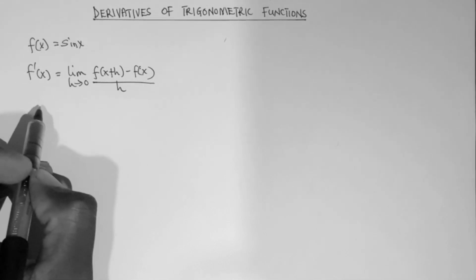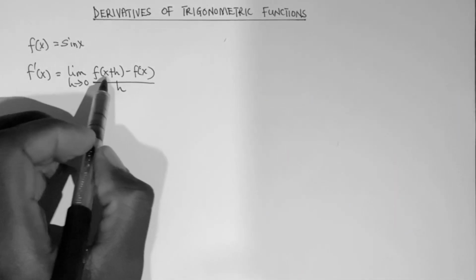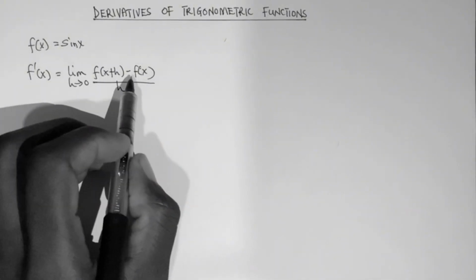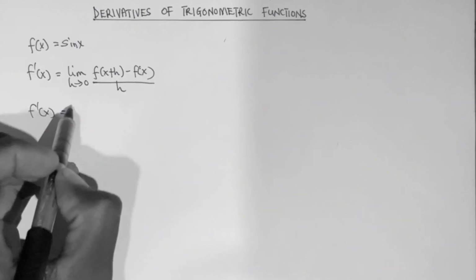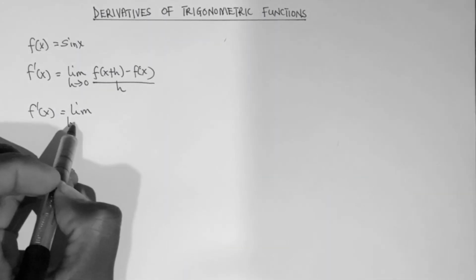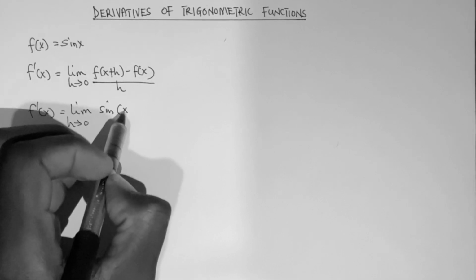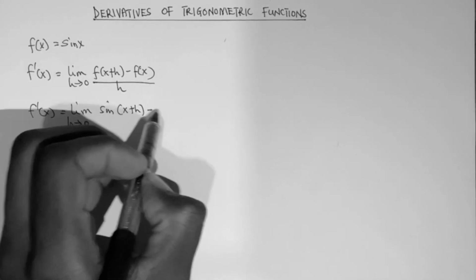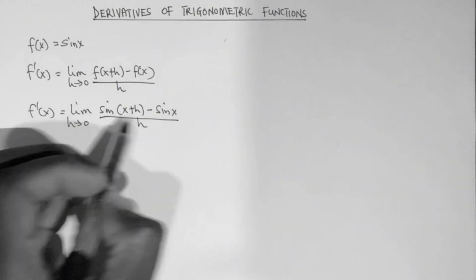So now, the function is sine x. It means that wherever we see x, we should replace it with x plus h. So f prime of x is equal to the limit as h approaches 0 of sine of x plus h minus sine x, divided by h.